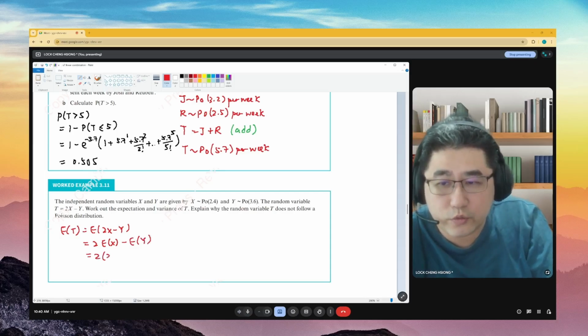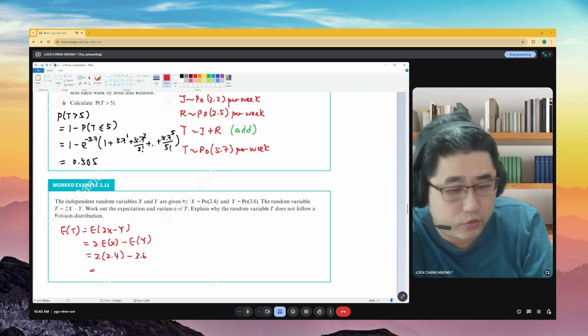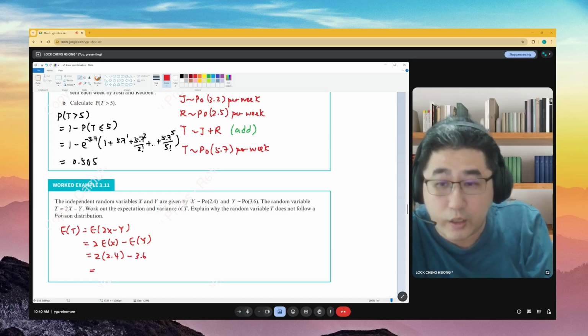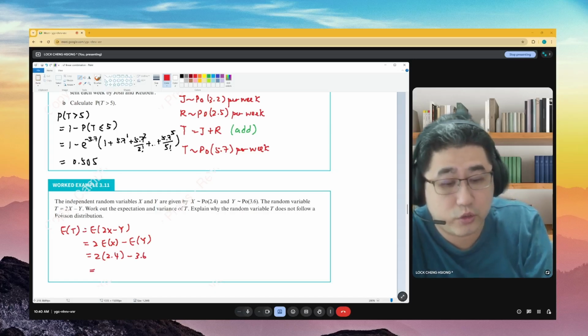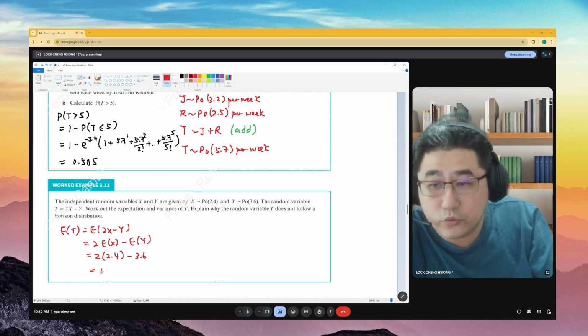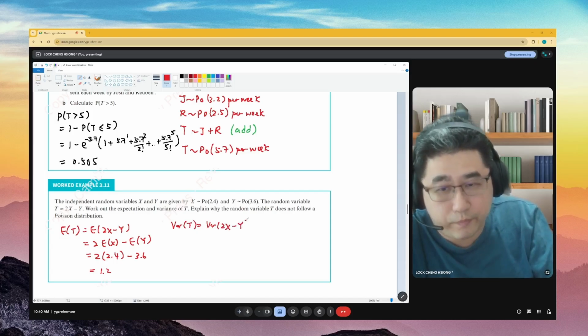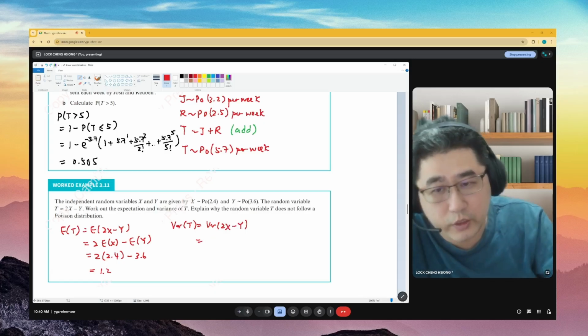So 2 times 2.4 minus 3.6, I have 1.2. And the variance of T is the variance of 2X minus Y.